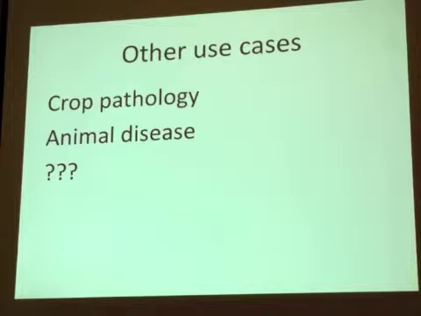And so other use cases, so we are looking at this as a way to capture information about models of human disease, but people expressed interest in crop pathology or animal diseases, and therefore capturing the information directly about the disease or condition itself in the organism that they're interested in. And we'd of course be interested in hearing about other possible use cases and how other people would like to use it.